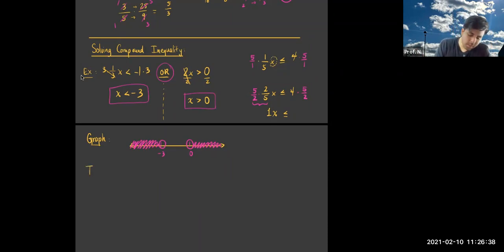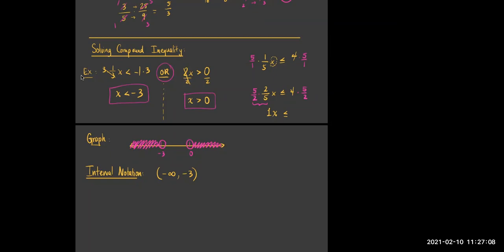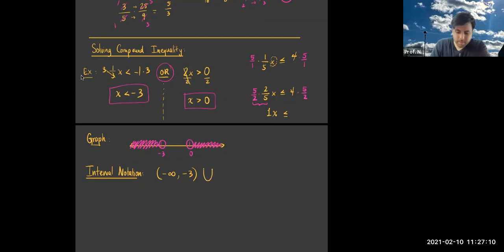And then when I want to write the interval notation for this, this would be -infinity to -3. Now, the English word for or, how do we describe that using set notation? We use the union symbol. Whenever you see the union symbol, this really means or. So union, so let's make that a note.